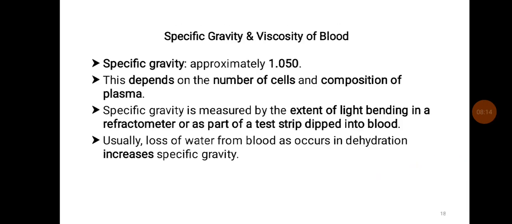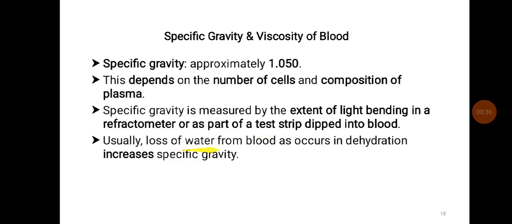Specific gravity and viscosity of the blood. Specific gravity of the blood is approximately 1.050. This depends on the number of cells and composition of plasma. Specific gravity is measured by the extent of light bending in a refractometer or as a part of a test strip dipped into the blood.